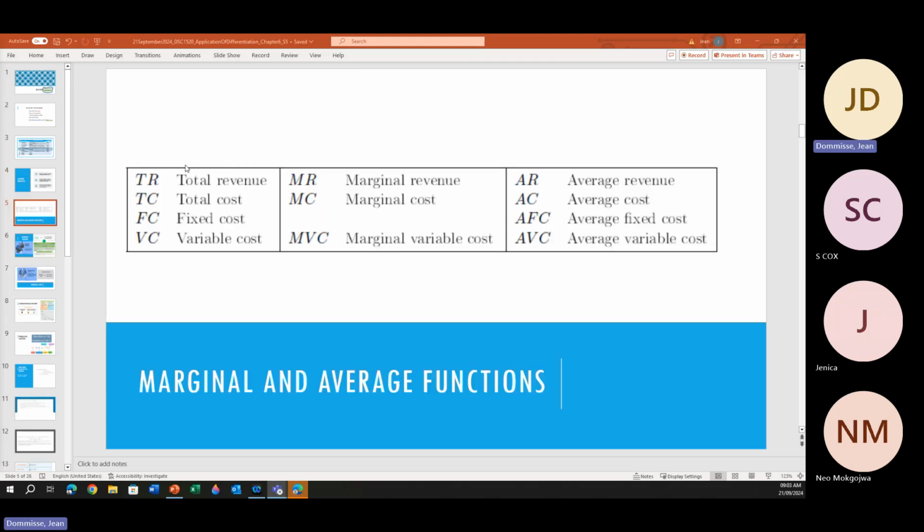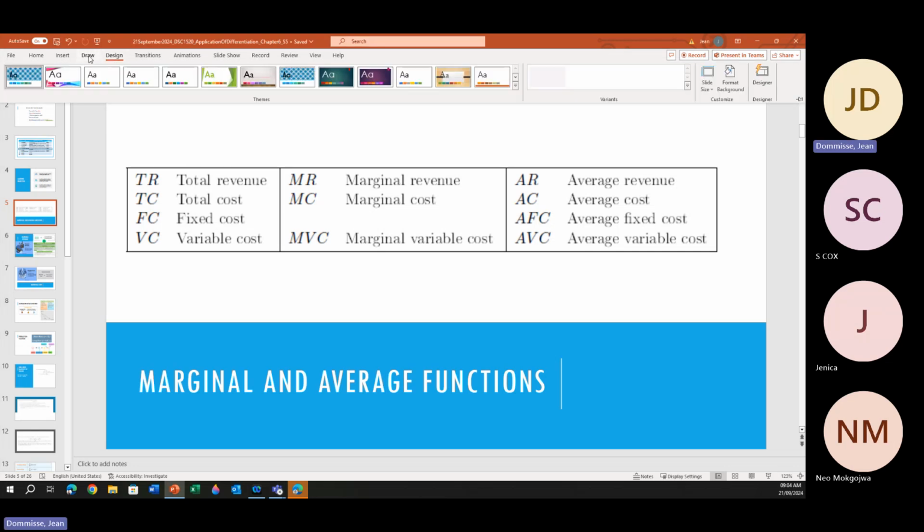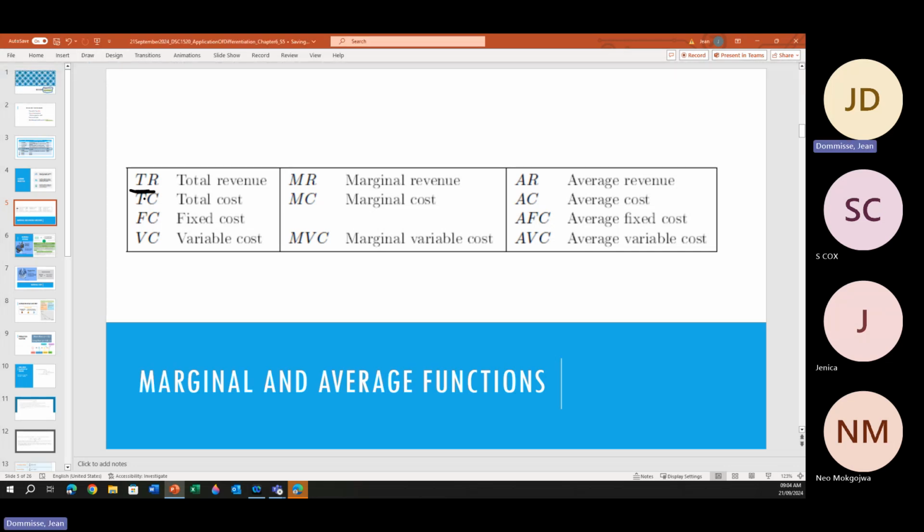Okay, so first thing, and this I've taken straight out of your books, but it is a nice one nearly to show what we will need to do. So when we have a normal total revenue, total cost, fixed cost, variable cost, and we differentiate, we will get the marginal revenue, the marginal cost, and the marginal variable cost.